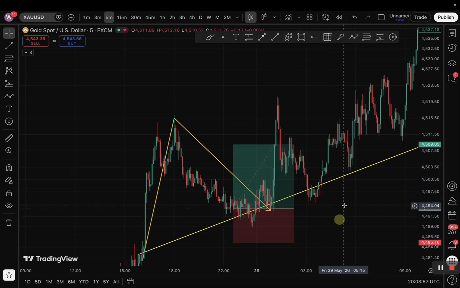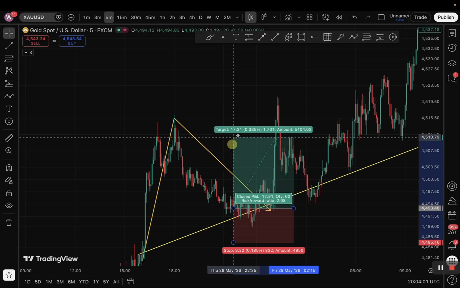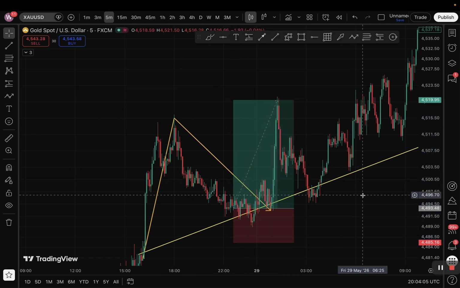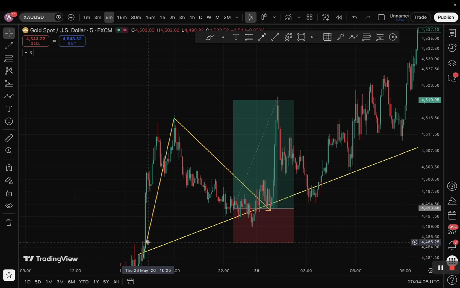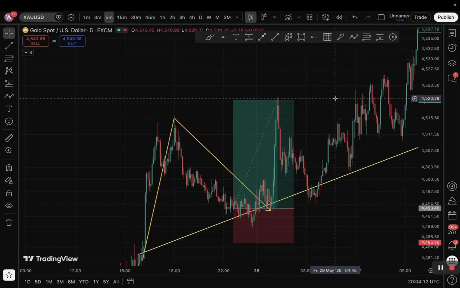I waited for this particular candle to form on 5 minutes and then took my trade. You can see the market rally from here, retest and pull back. That's how you can be trading well: wait for the rally, then the pullback, wait for confirmation, then you are good to go.